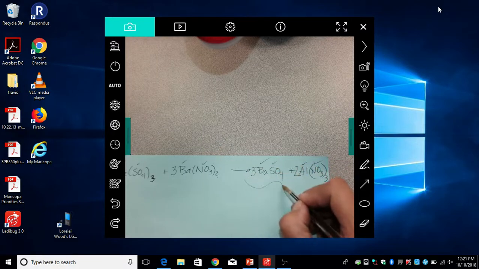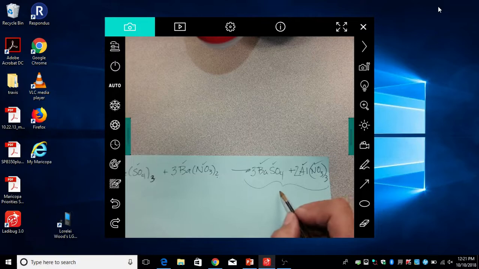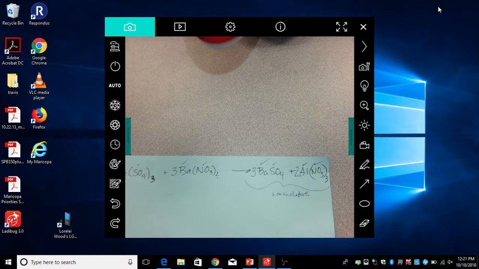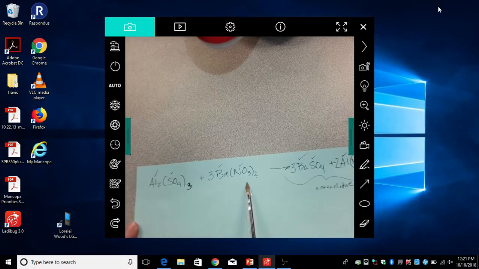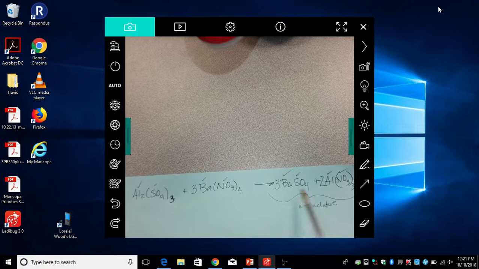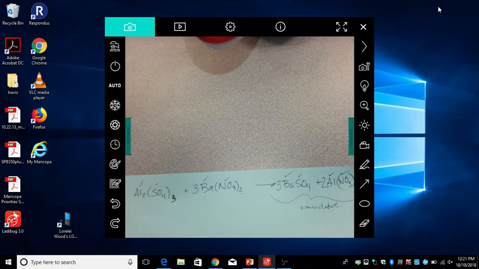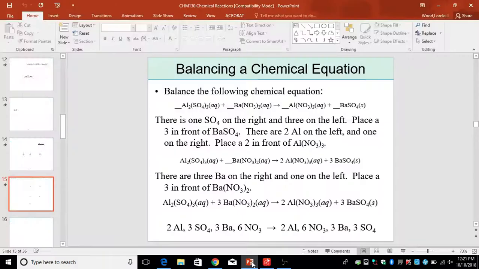If you have problems balancing your equations, generally it's because you haven't figured out the correct nomenclature for the products. And in this next exam, I'm going to give you reactions. I'm going to tell you what kind of reaction it is, and you're going to have to predict what the products are, the correct nomenclature, and balance the equation. So make sure that you are aware those are all skills that you're going to have by the next exam.